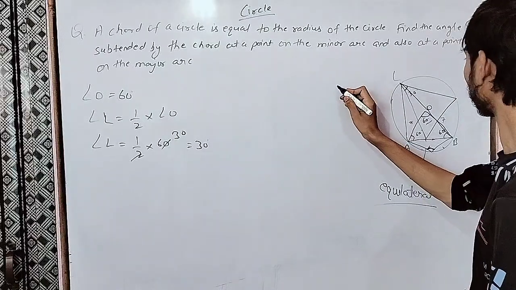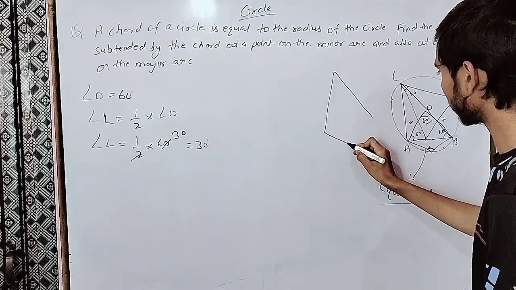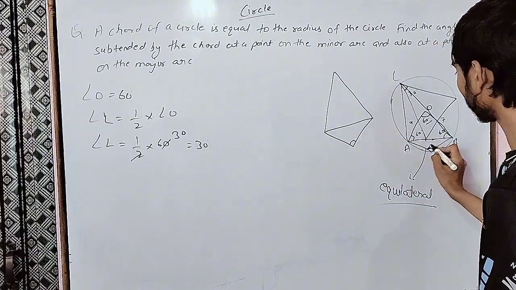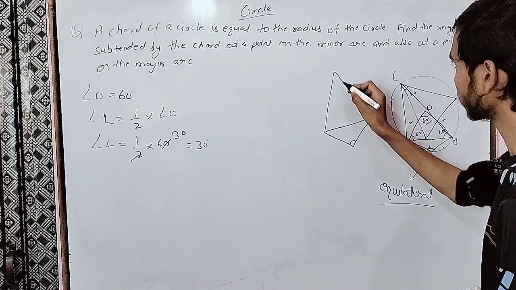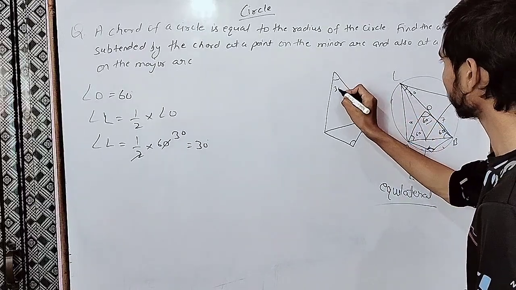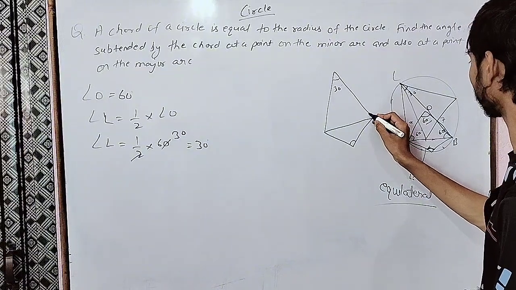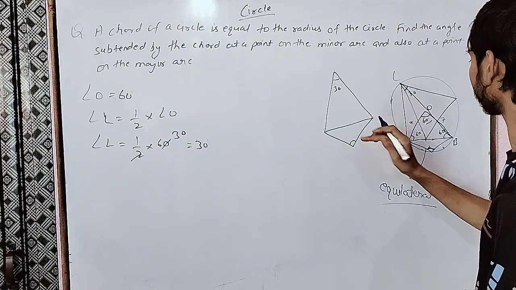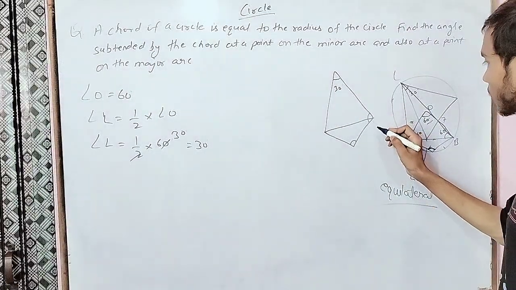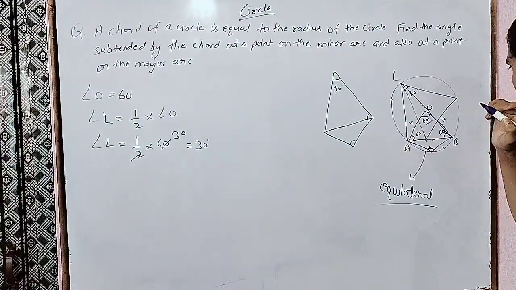Here I can draw it separately like that. This is the chord. This is coming in the minor segment, and this is coming in the major arc, in the major sector. This is 30, whereas this is not 60. This total is not 60. But here we can find it if this is 60.